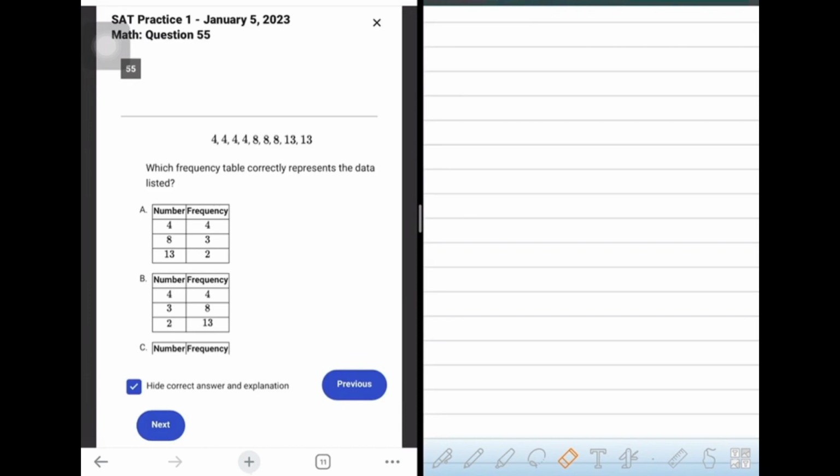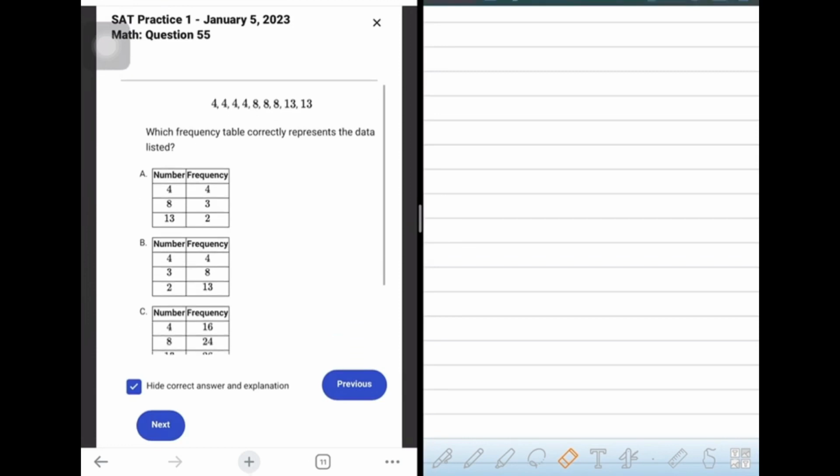The first question is 55: which frequency table correctly represents the data listed? You see number 4 has frequency 2, and then number 8 has frequency 3.